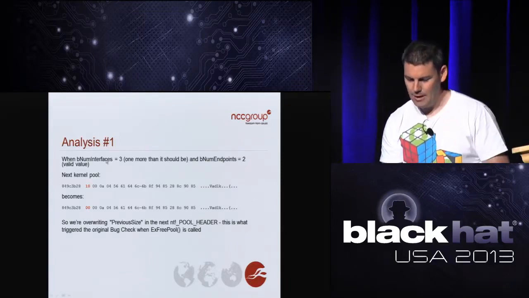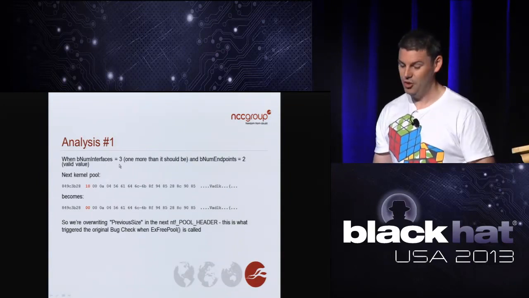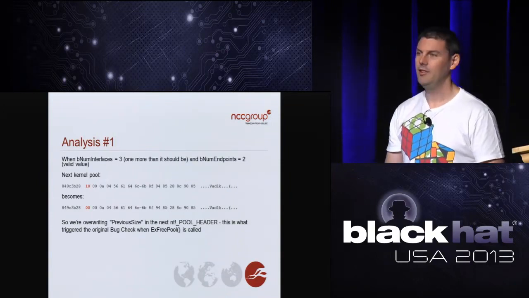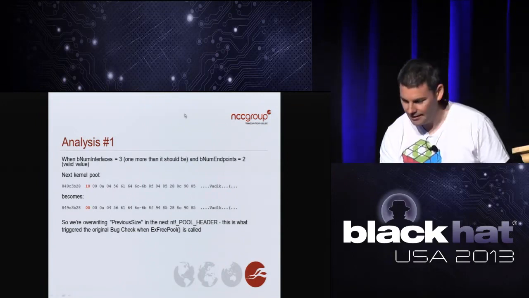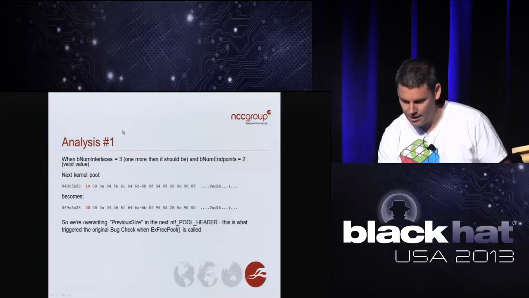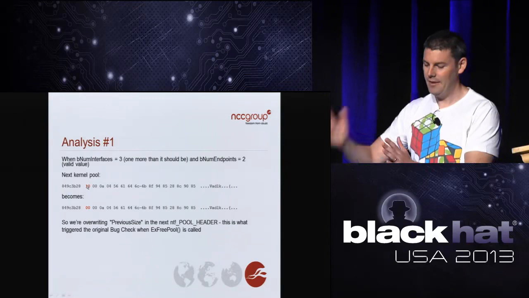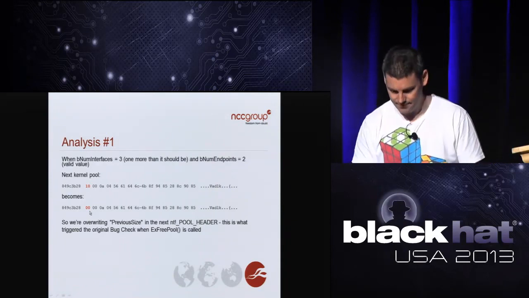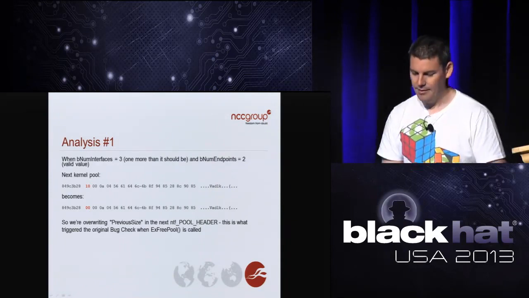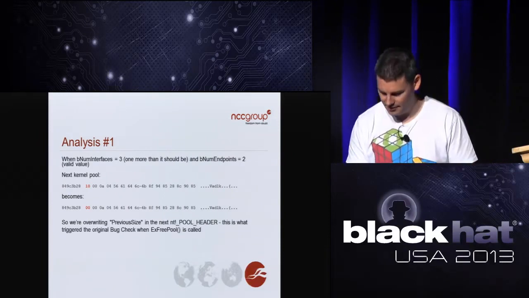If bNumInterfaces is 3, which is one more than it should be, so there's actually only 2 interfaces specified within the configuration, but we're telling it it's 3, and the number of endpoints is 2, that value there within the next pool header is changed from 10 hex to null, so it's been nulled out. And we're overwriting the previous size element within the next NT pool header.